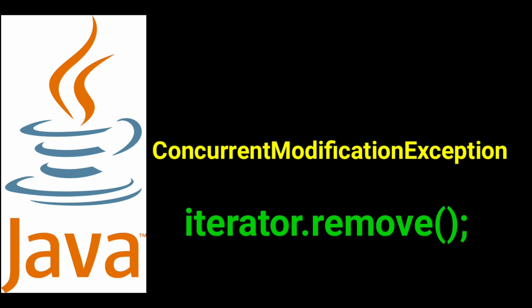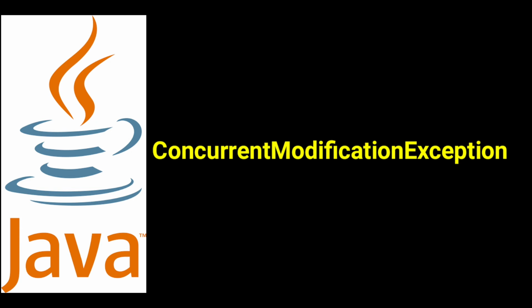When you use the iterator's remove method, concurrent modification exception is not thrown, because it also updates the counters and variables used by iterators like modCount, which indicates that the modification is done by the iterator itself and not somewhere else.